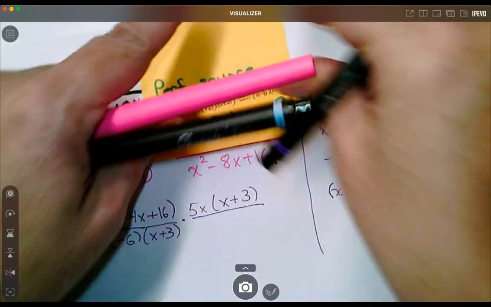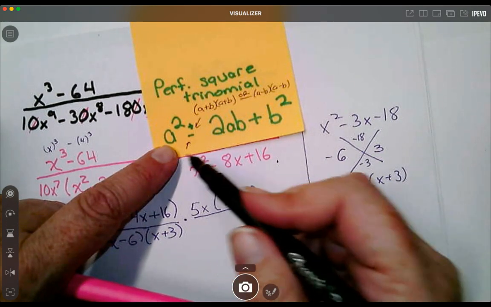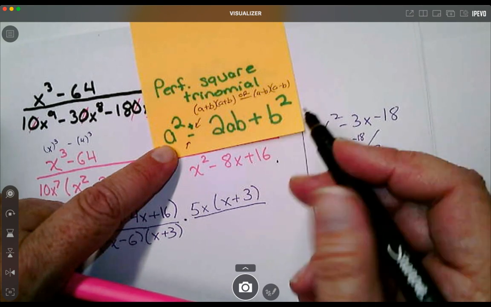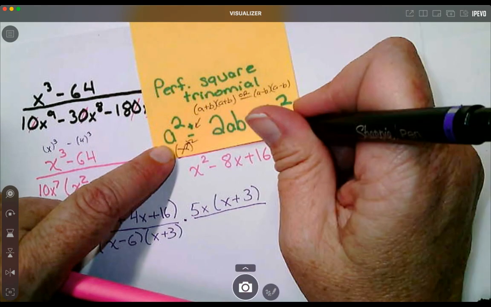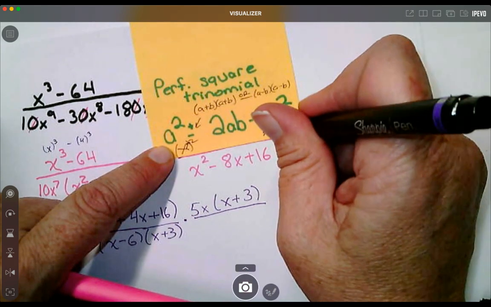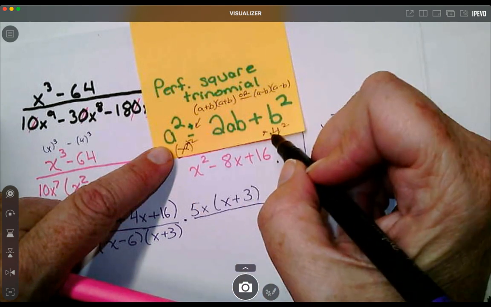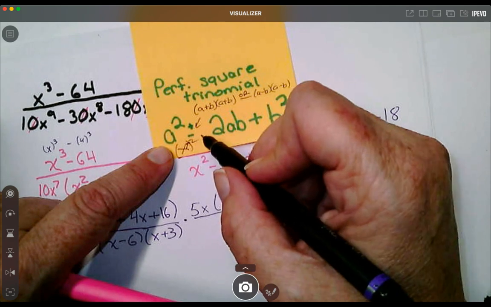Why, yes, it's a perfect square trinomial because I have a squared, that's x times x. B squared could be 4 times 4, right? So this could be x to the power 2. The 16 could be 4 to the power 2. And then 2 times x times 4 would be 8x. And it's okay to have a negative.